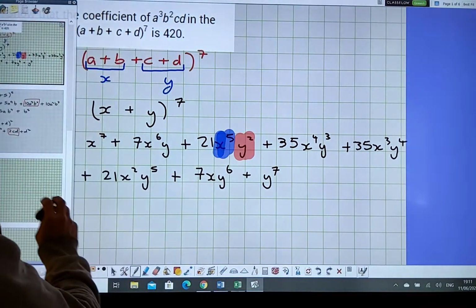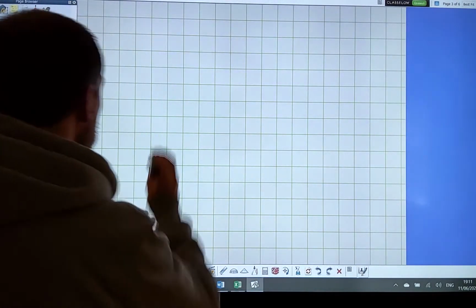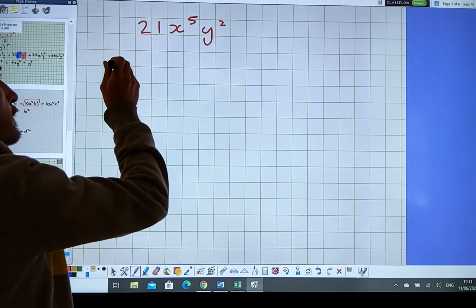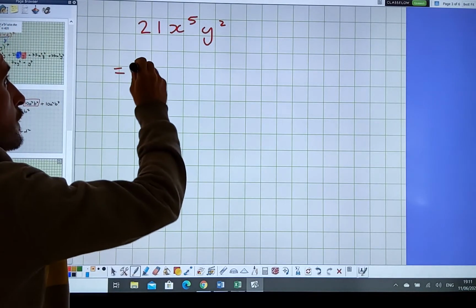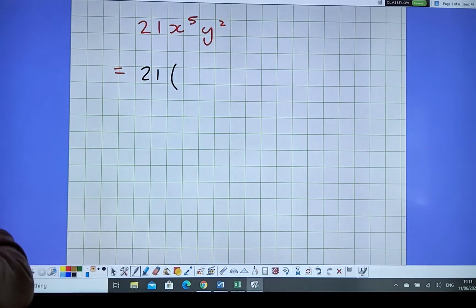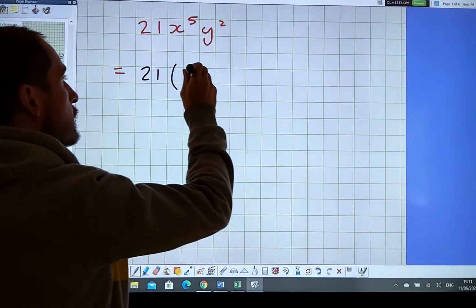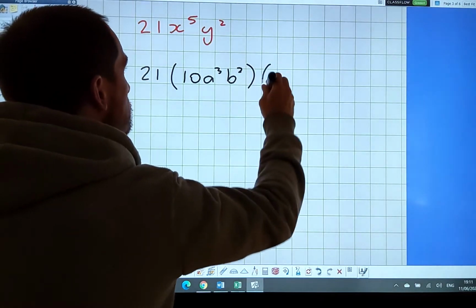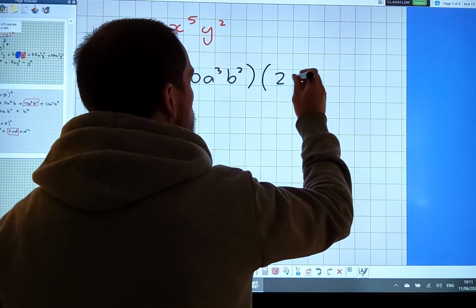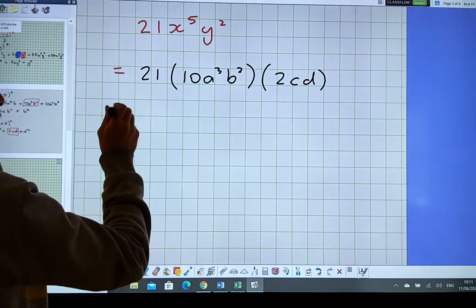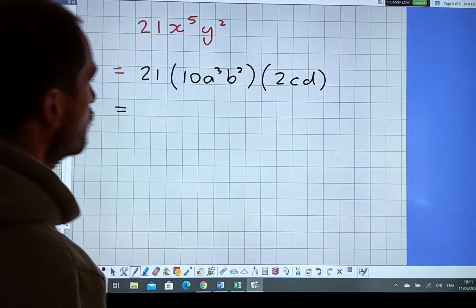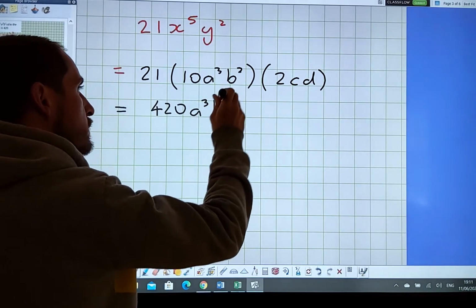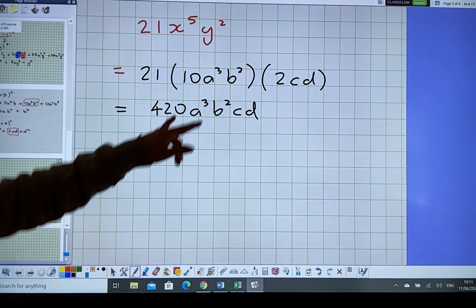So 21x to the power of 5y squared, okay, that's equal to 21. Now, the x to the power of 5 part was 10a cubed b squared, and the y squared part was 2cd. So when I multiply that out, what do I get? 21 times 10 is 210 times 2 is 420. So it's 420 a cubed b squared cd. That's the only part that can be equal to that.